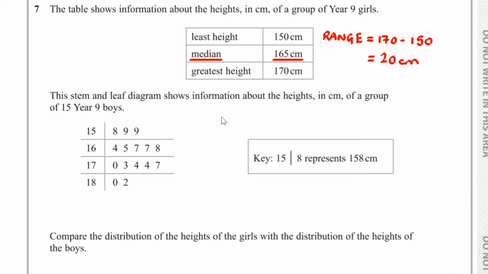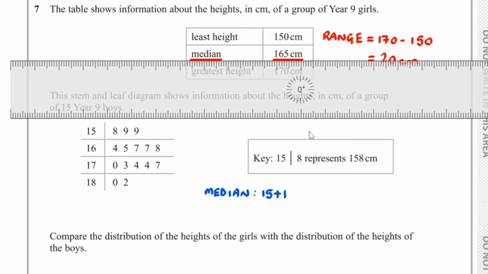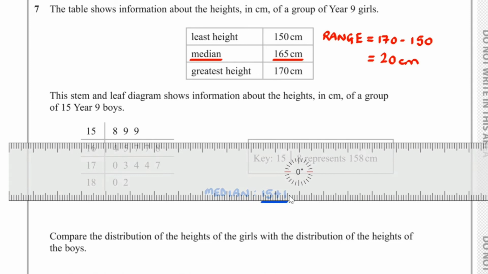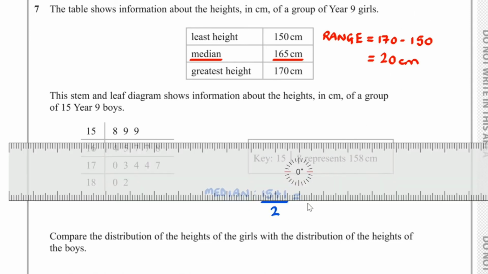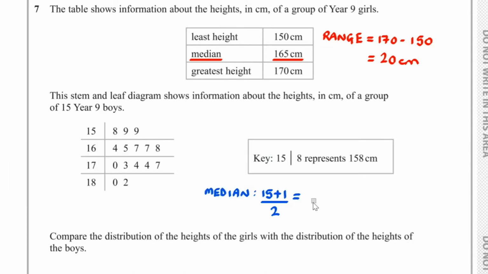So the median and the range, well, let's start off with the median. We want the 15 plus 1 divided by 2, so we want the 8th value. The 8th value is 168.